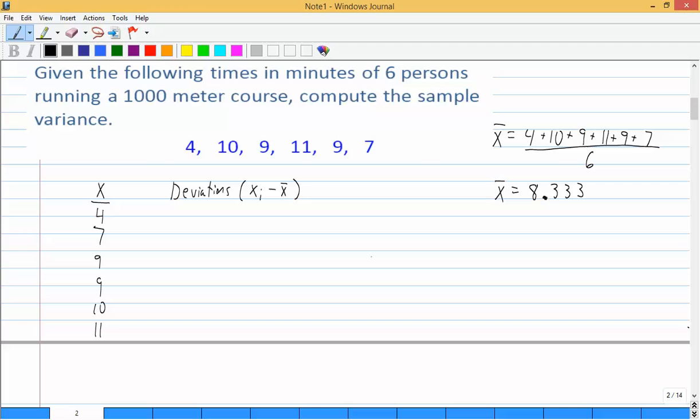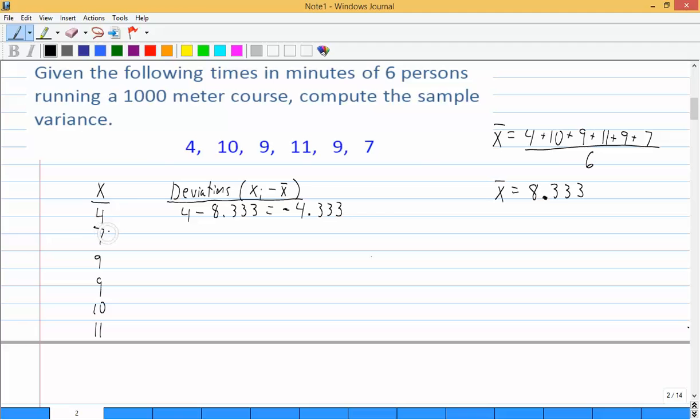Okay, so for 4, that's going to be 4 minus 8.333. Alright, and so if you work that out in your calculator, we're going to get a negative 4.333.